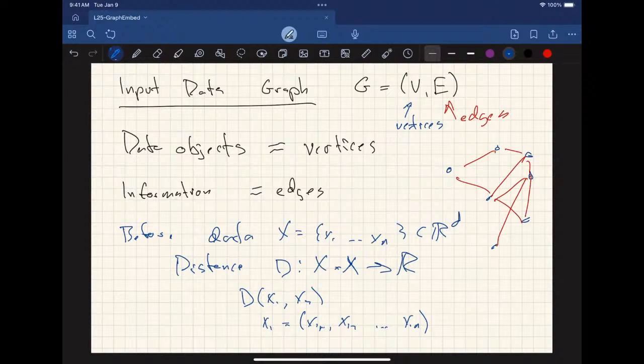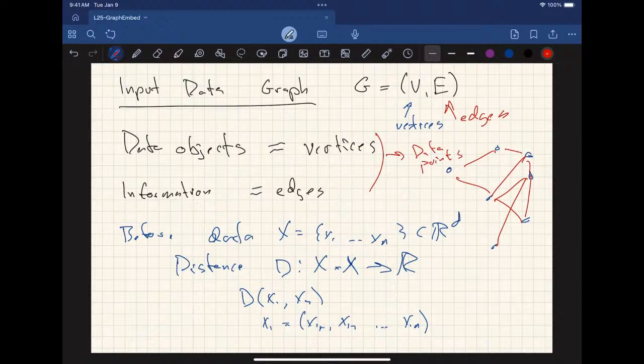So the idea of graph embedding is we'd like to take our graph as input and convert it into a representation that we're more familiar with, where the data objects, which are the vertices, are now embedded as data points.